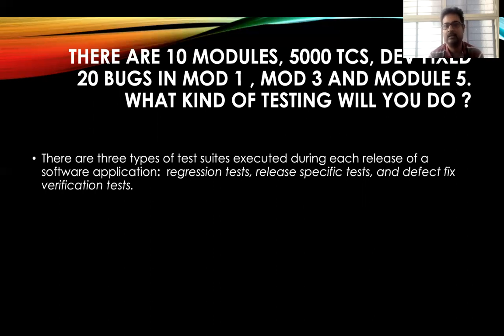So it's not realistically possible to execute all 5,000 test cases, and a tester will also lose motivation because it's the same repetitive job. So the idea is to pick the test cases with which you are able to find issues easily.